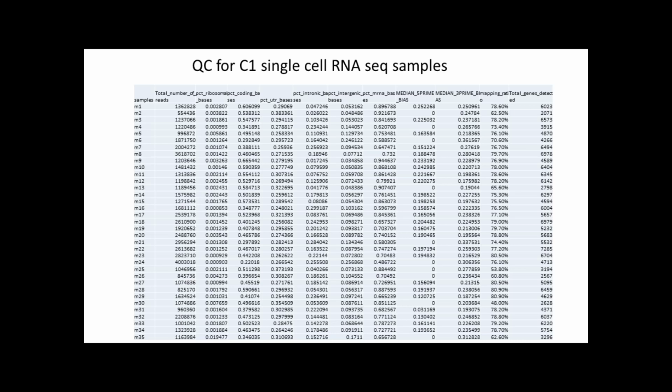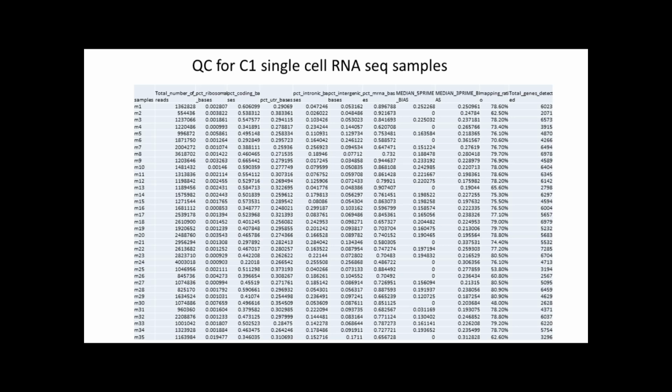I get the QC report for the single-cell RNA-seq samples. From this report, we can see the percentage of MT level is about 17%, and the 5' bias or 3' bias is low.